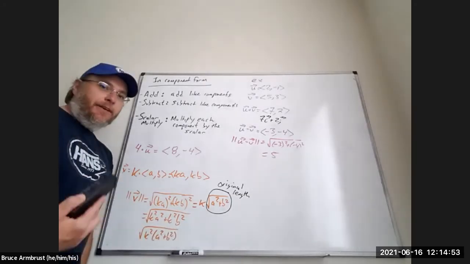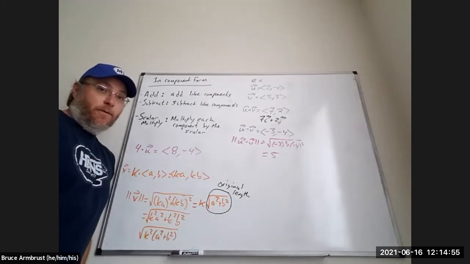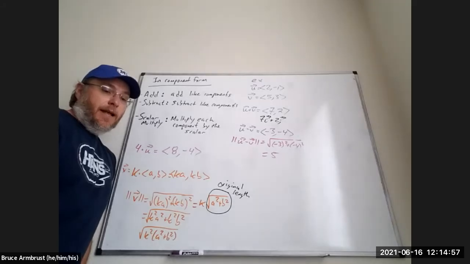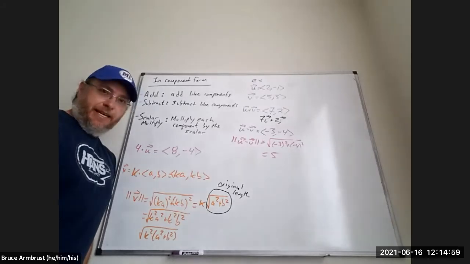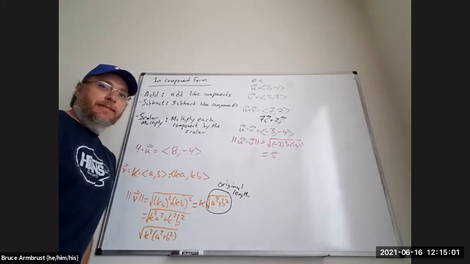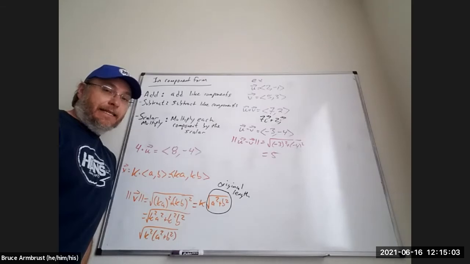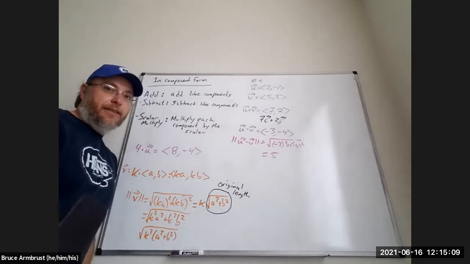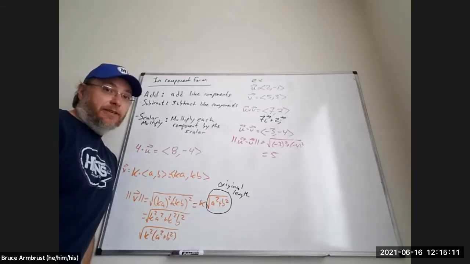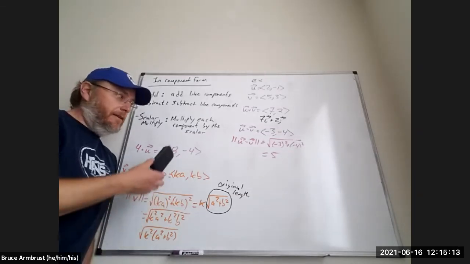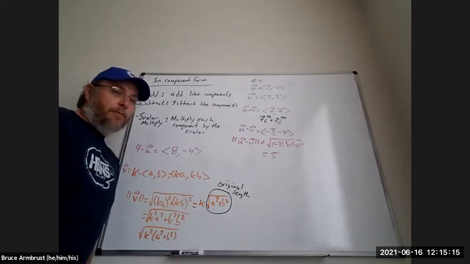All right, so I'm a huge fan of being in component form. I do it as much as humanly possible because it makes it a lot easier to do the operations: add, subtract, multiply. It turns out the other multiplications are also easier if you're in the component form.